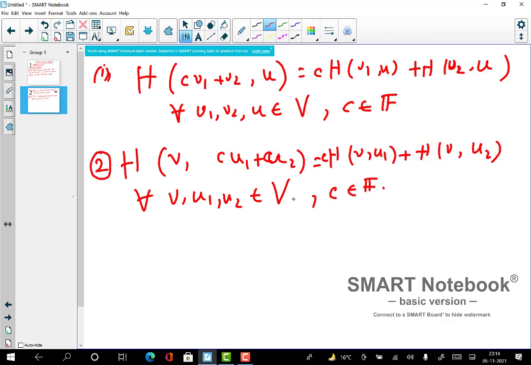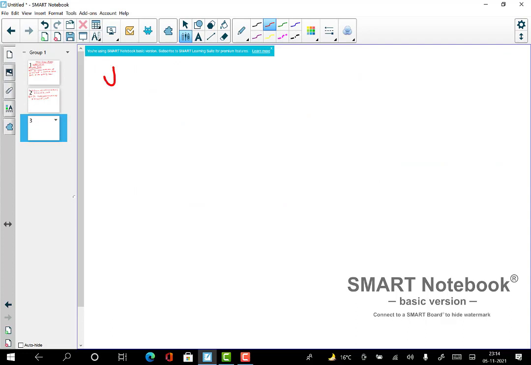Any maps which satisfy these properties are called bilinear forms, and the collection of all such maps is what we will define. Soon we will show that this collection actually forms a vector space also.